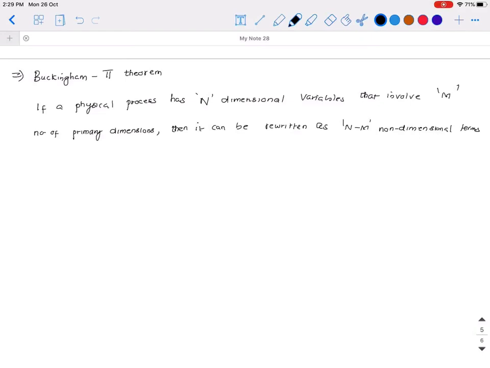Let us consider the drag example. The drag on a sphere is a function of rho, u, d, mu. So the number of dimensional variables is 5: 1, 2, 3, 4, 5. The number of primary dimensions is 3, which is M, L and T. Other than mass, length and time, none of the variables involve any other dimensions.